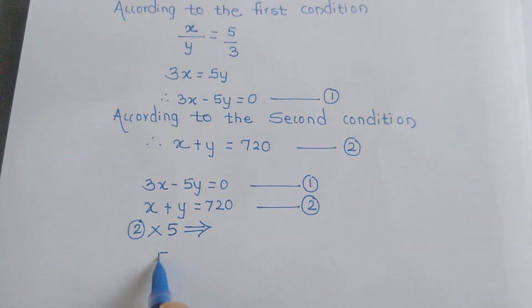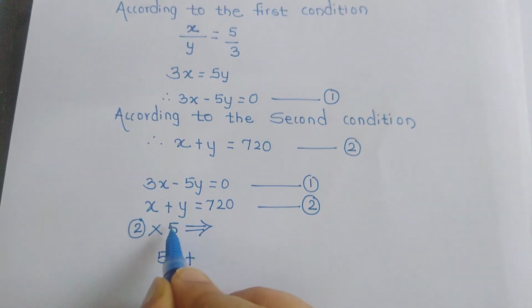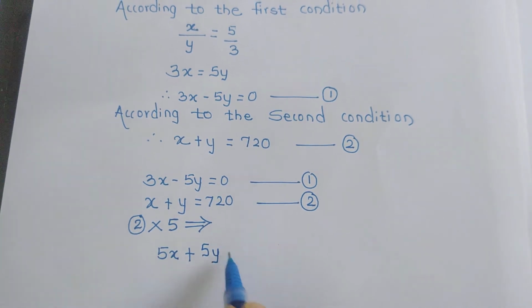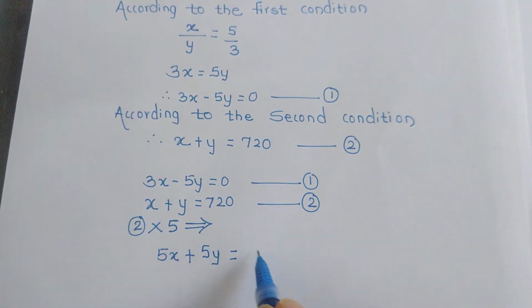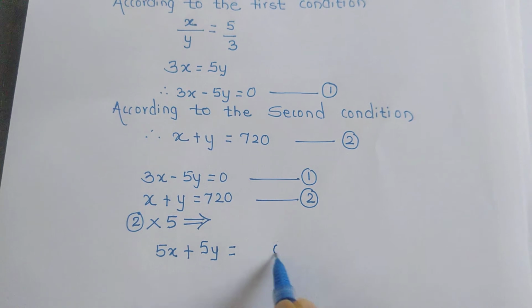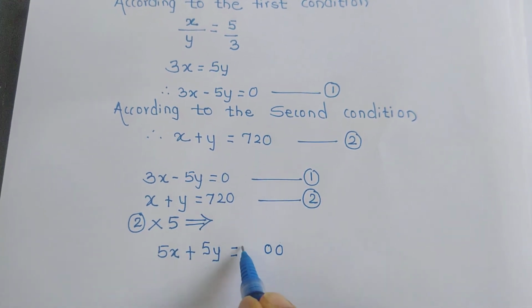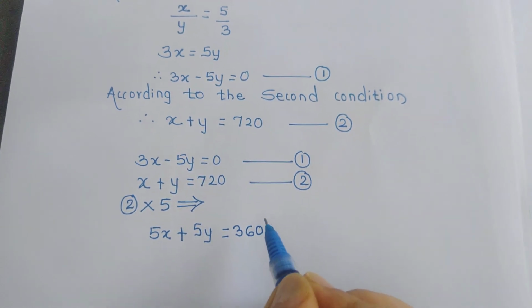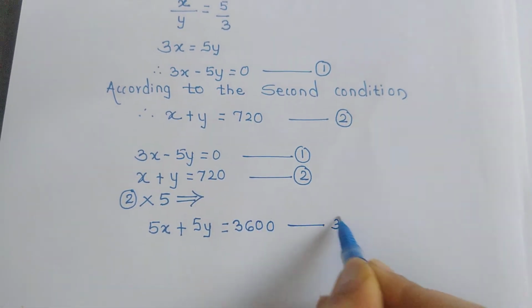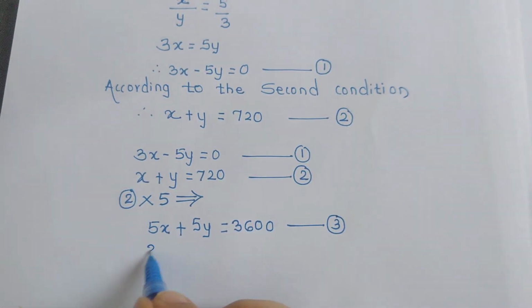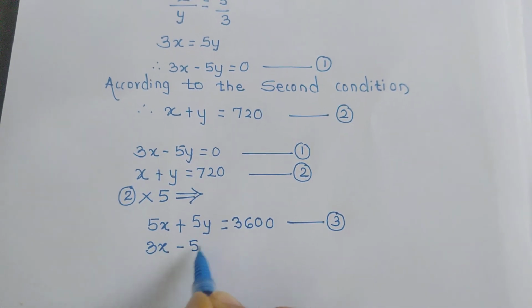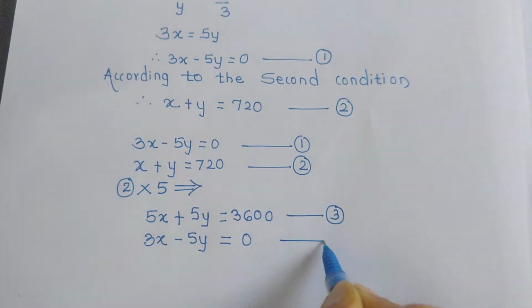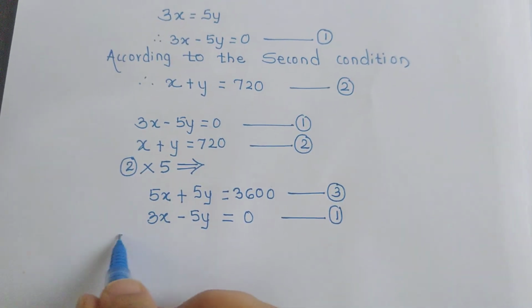So 5 into x gives us 5x, plus 5 into y gives us 5y, and 5 into 720 gives us 3600. So this is equation 3. Equation 1 is unchanged. Let us write it below equation 3. Now the second step.